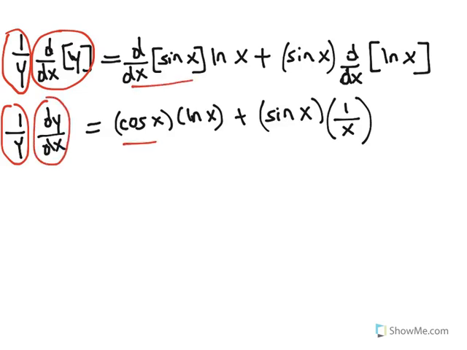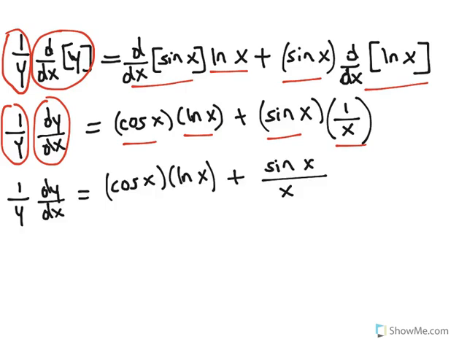The derivative of sine x is cosine x times natural log of x, plus sine x times the derivative of natural log of x, which is 1 over x. Now we're going to simplify just a little bit. So all I did was I multiplied the sine x times 1 over x to get sine x over x.